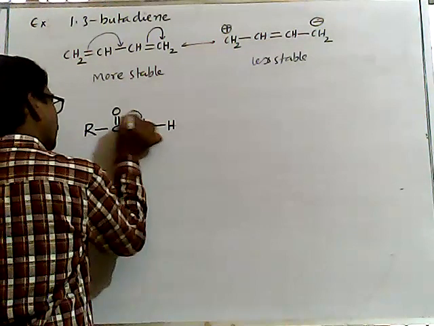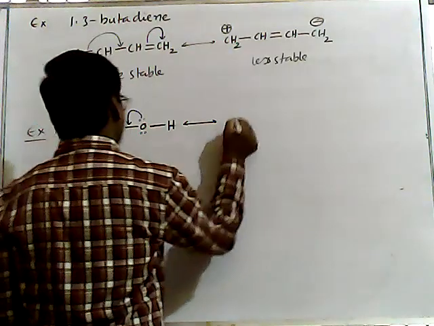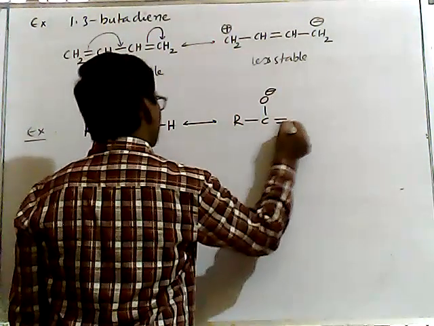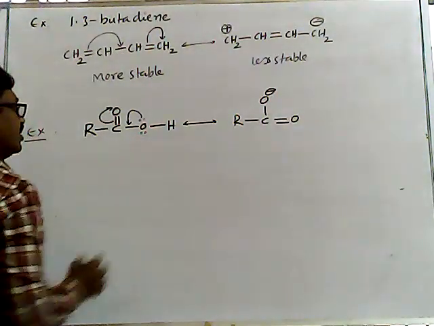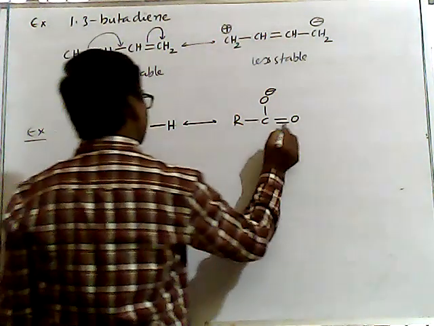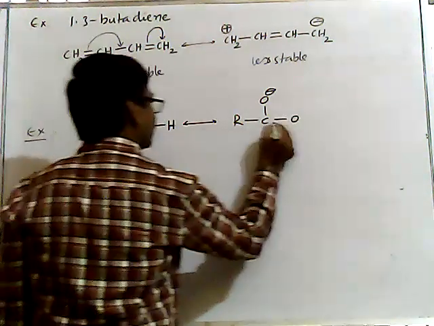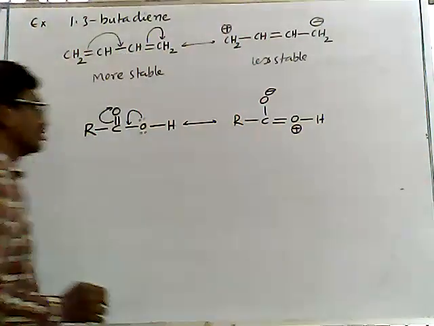See, whenever this bond is shifted, it shifts to oxygen. So we can write R here, O minus, here double bond O. See here, ROOH, here double bond and here hydrogen, so here it will get a positive charge.